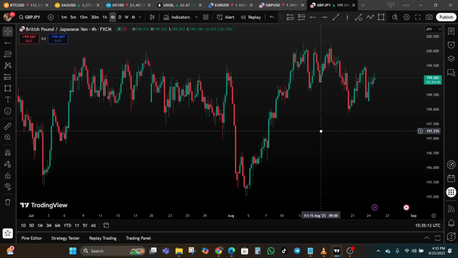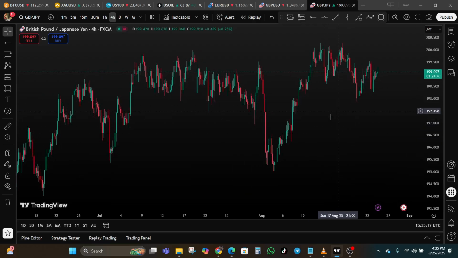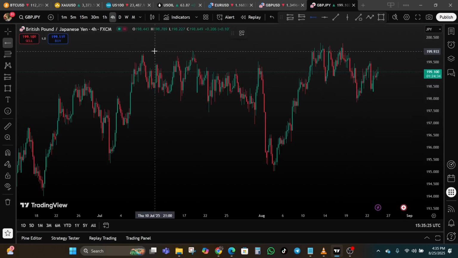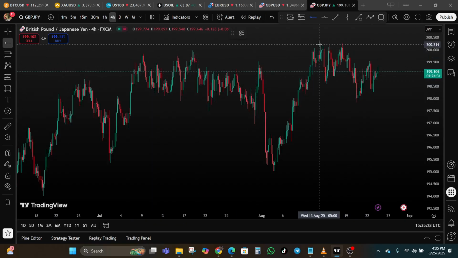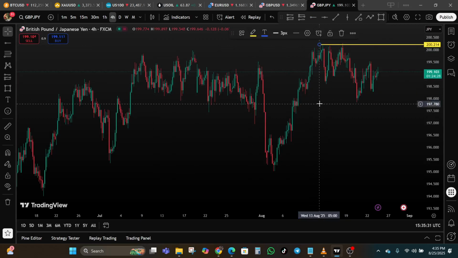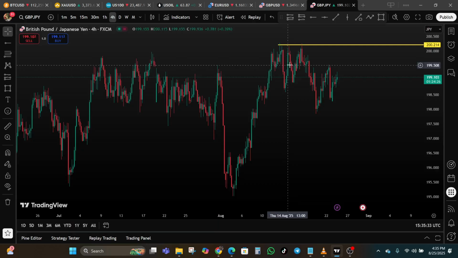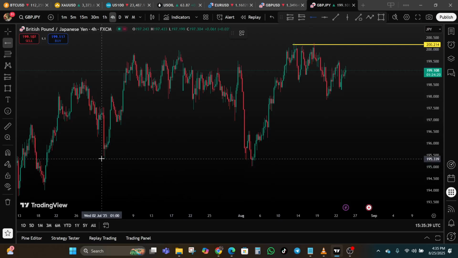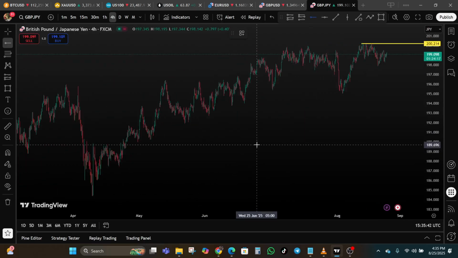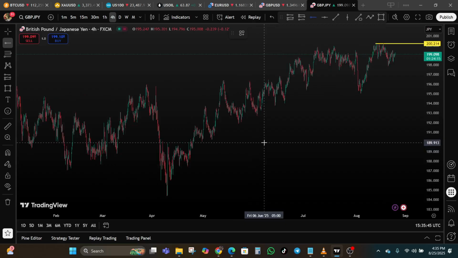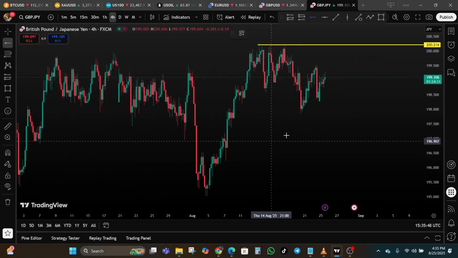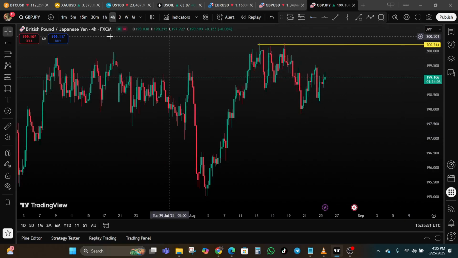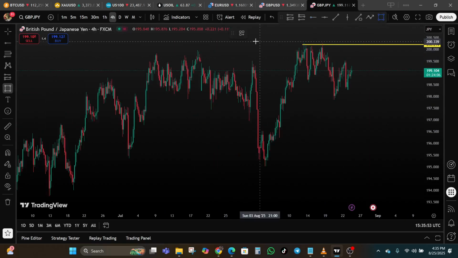Now, the first pillar of the Farewell Strategy is liquidity. Very, very important. Every move in the market revolves around liquidity. The strategy begins with identifying where liquidity is resting. It could be above equal highs or below equal lows, or around obvious retail patterns.